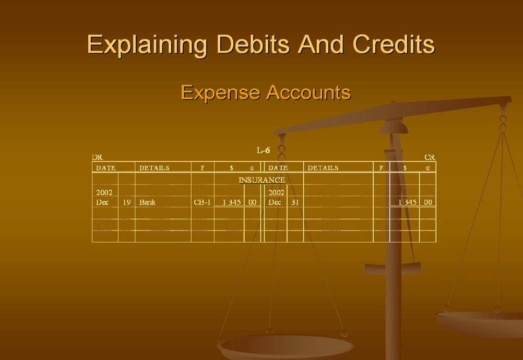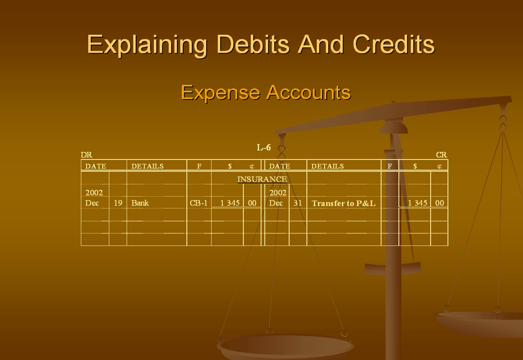Looking at the insurance account, let us replace the statement "Transfer to profit and loss account" with "Balance carried down." Then, the balance brought down is placed on the debit side. This means that the trial balance will also be debited.